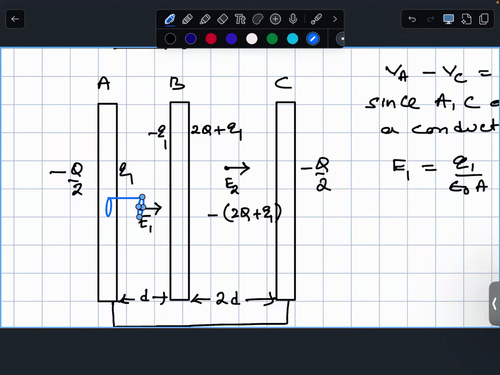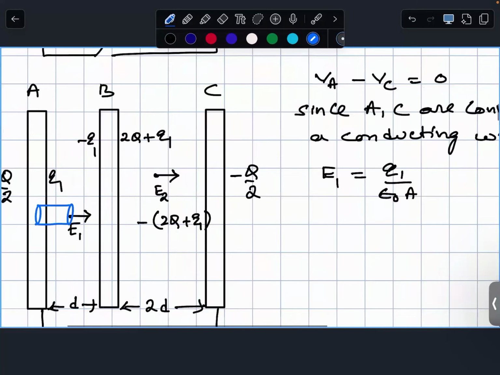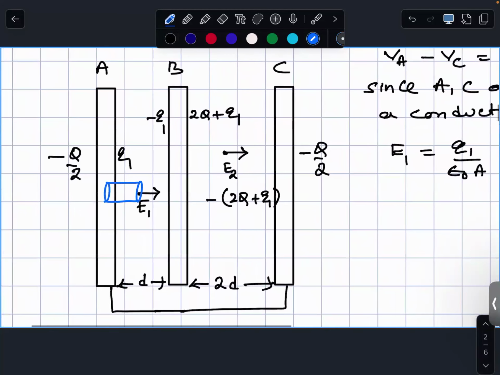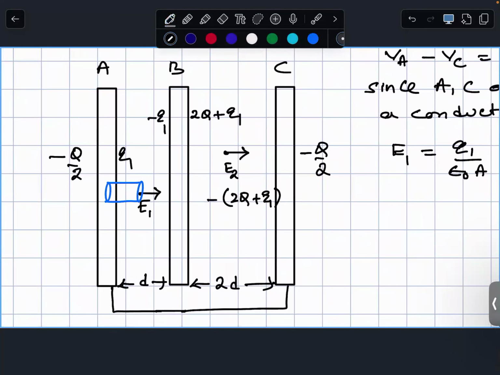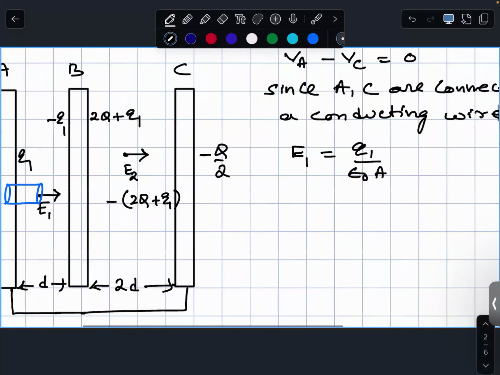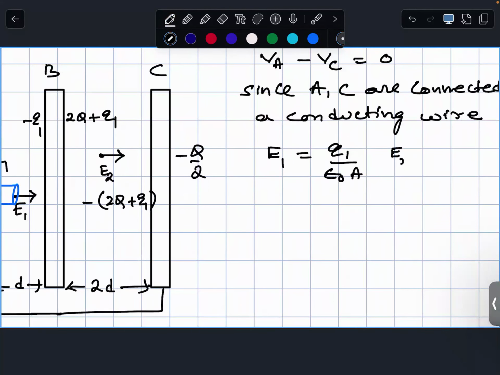This is the nature of the mistake you normally make. Right. Yeah, tell me what is E2? E2 is 2Q plus Q1 by epsilon naught A. Why minus?